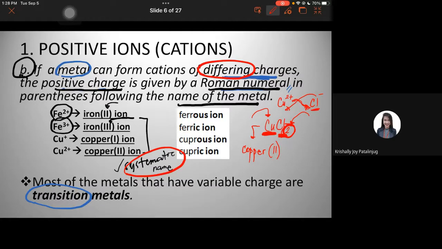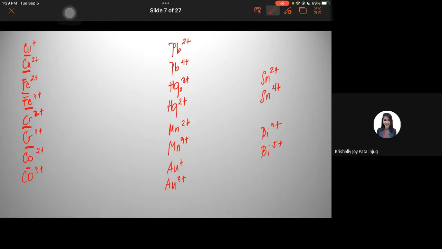So that's why you produce copper 2 chloride here. So when you name it, you have to identify if it is copper 1 or copper 2. That's my point here. For those metals capable of forming varying charges, you should not forget the form of that ion. Again, remember copper has two forms. Make sure to identify if it is 1 or 2.